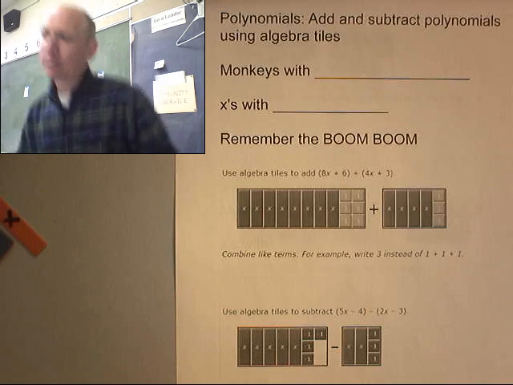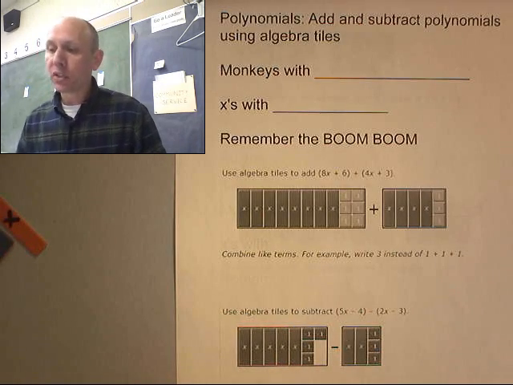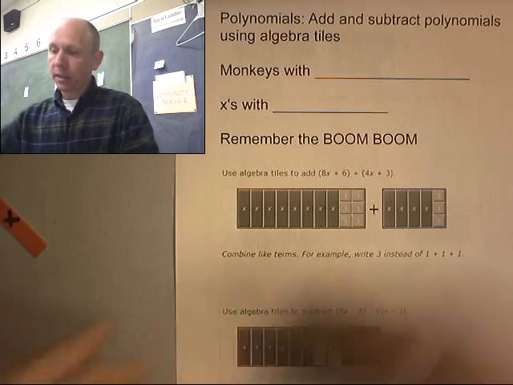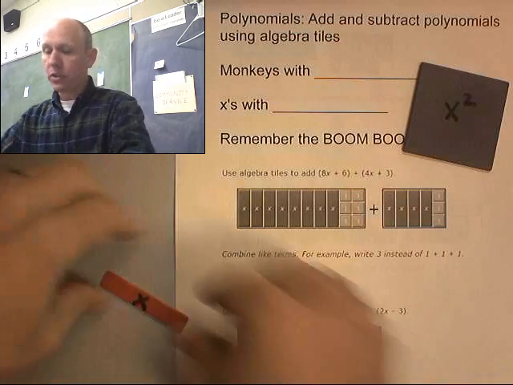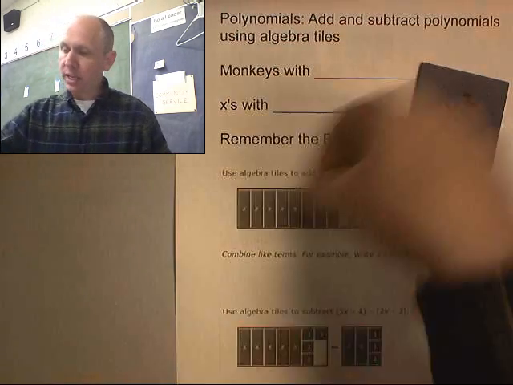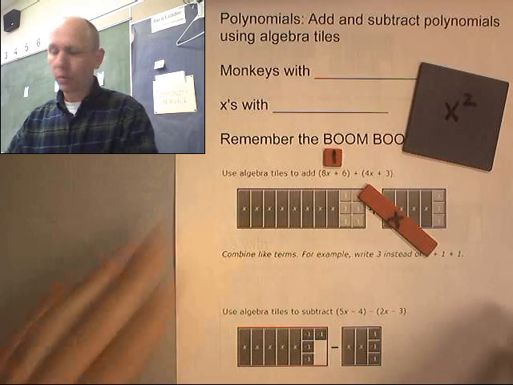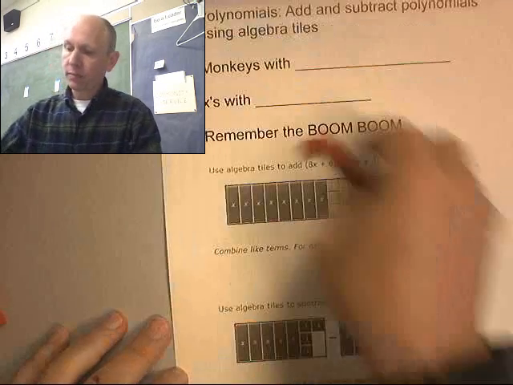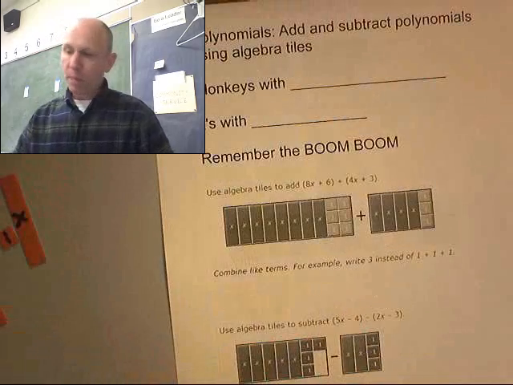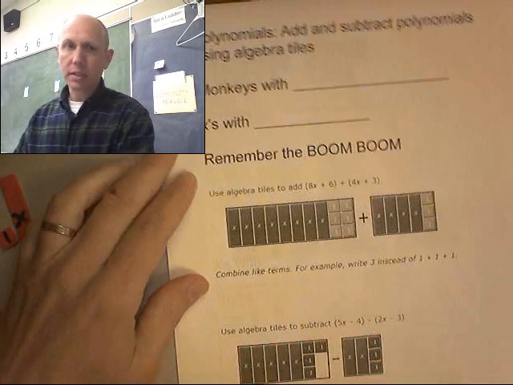So let's look at some polynomials. Add and subtract polynomials using algebra tiles. Once again, I've got these tiles that I can use to represent algebraic expressions. Remember that monkeys like to play with monkeys.